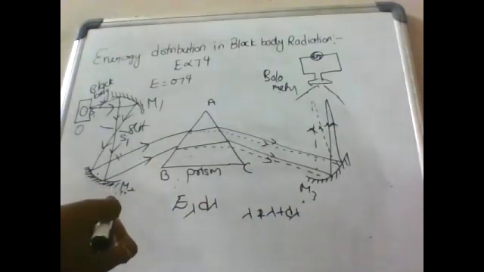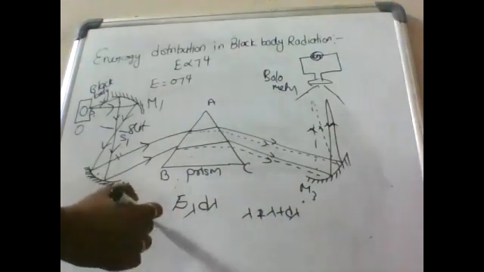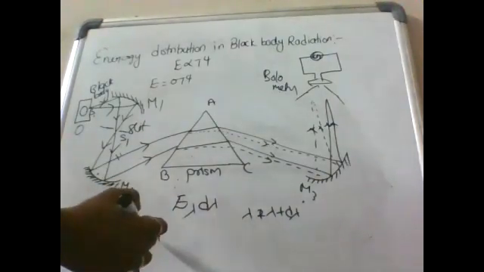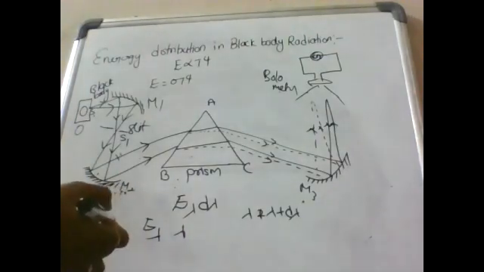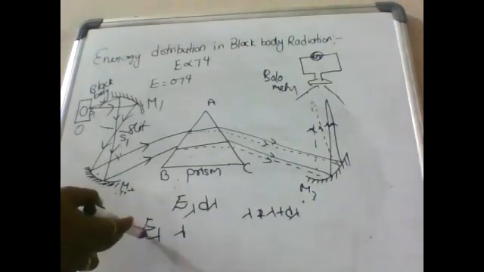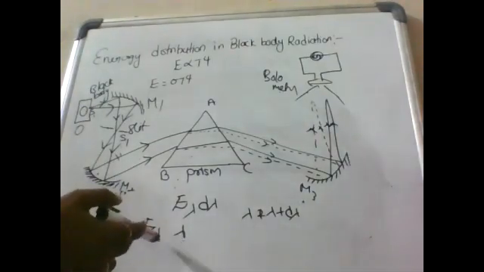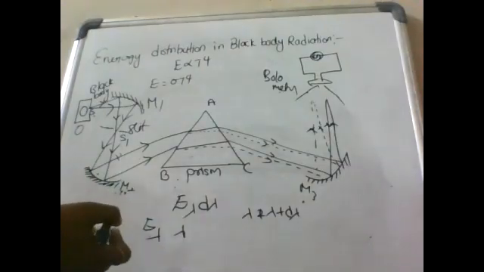A graph was drawn between the intensity E suffix lambda and wavelength lambda at different temperatures, and we obtain different curves.